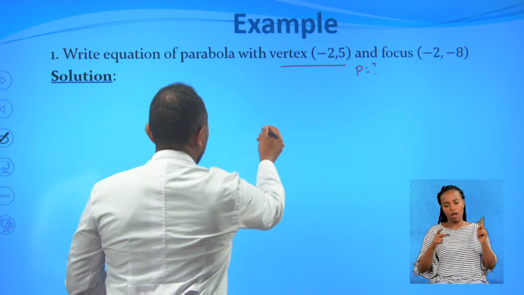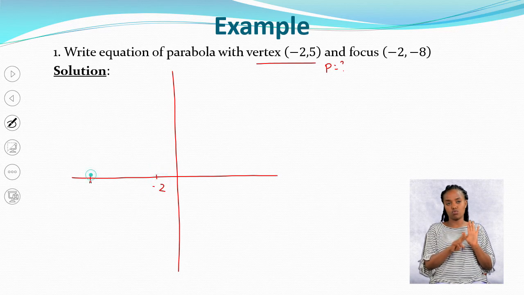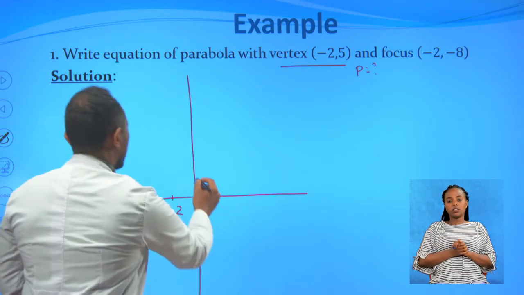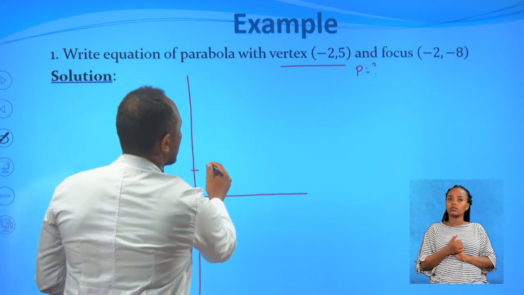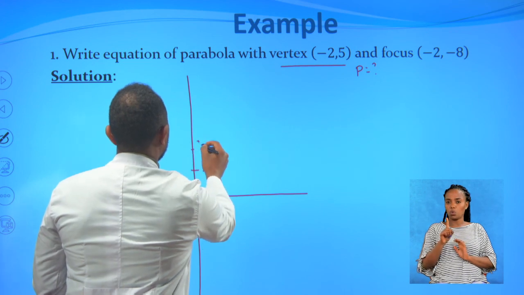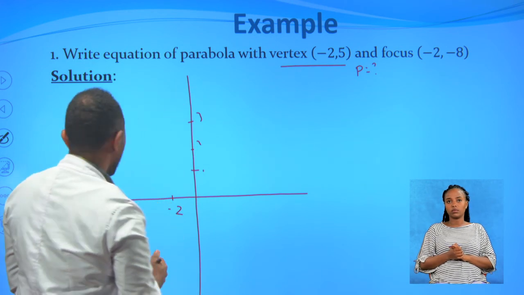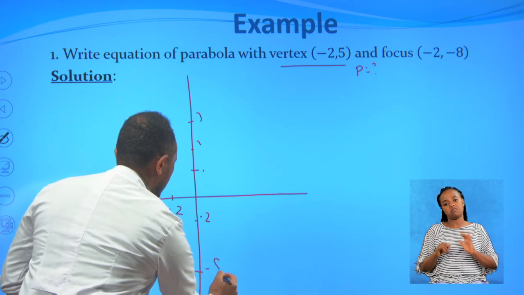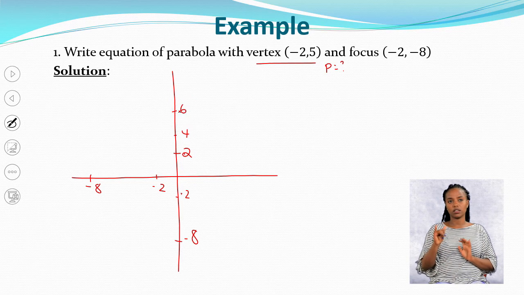Assume the axes are marked, with y coordinates going up to 5 in steps like 2, 4, 6.